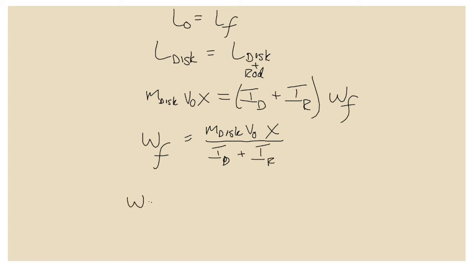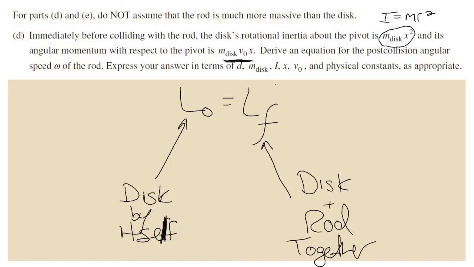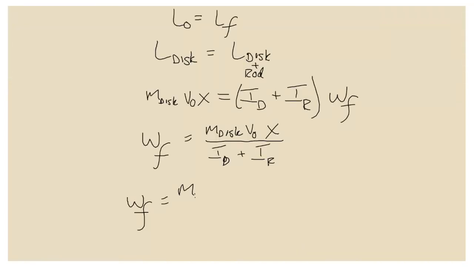Now, the only thing I really need to do to finish this up, because they told me to express the answer in terms of I, which was the rotational inertia of the rod, is I just need to sub in the rotational inertia of the disk. And so here, I'm going to write m disk v naught x over m disk x squared plus I r.